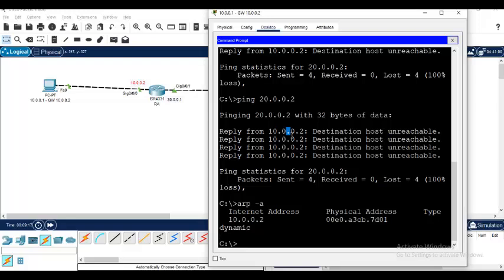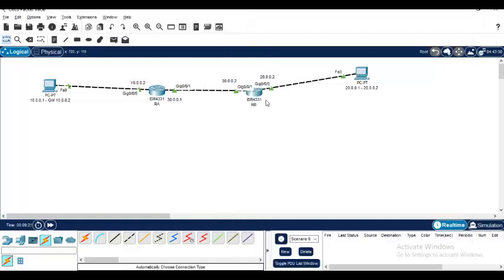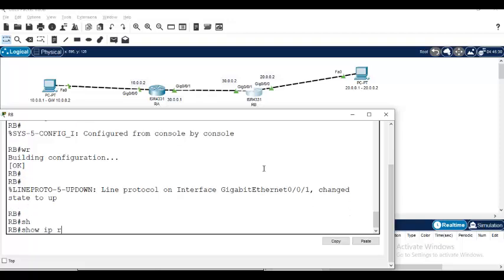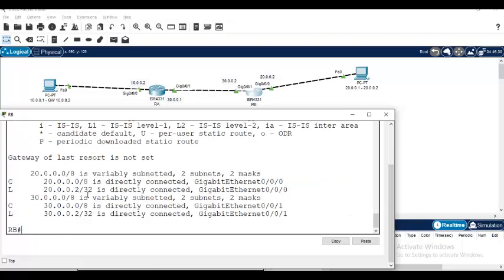Same way, if you go to router B, it has got only two routes. Show IP route. What are the two networks? 20 and 30. It has got only 20 and 30. What you don't have is 10.